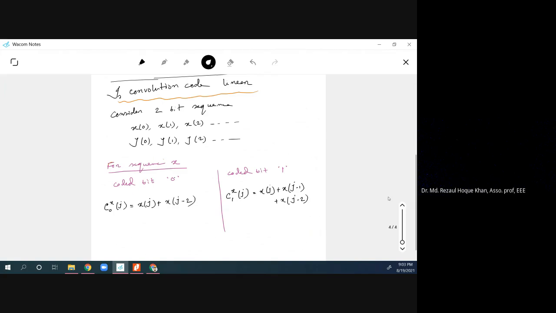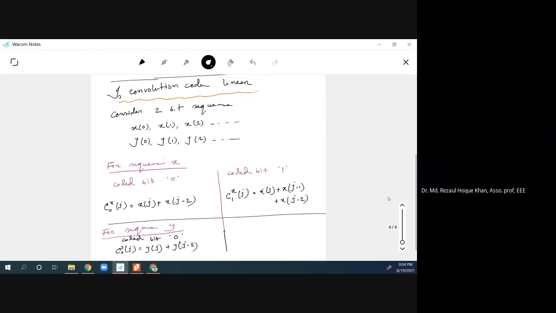Or we can write for sequence y, coded bit 0: c0 of y at j equals yj plus yj minus 2.